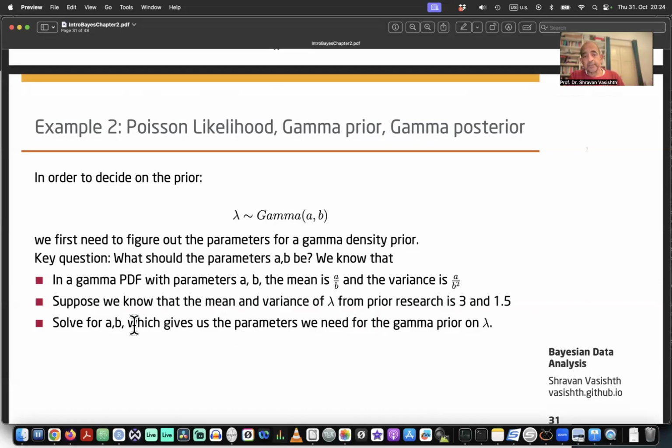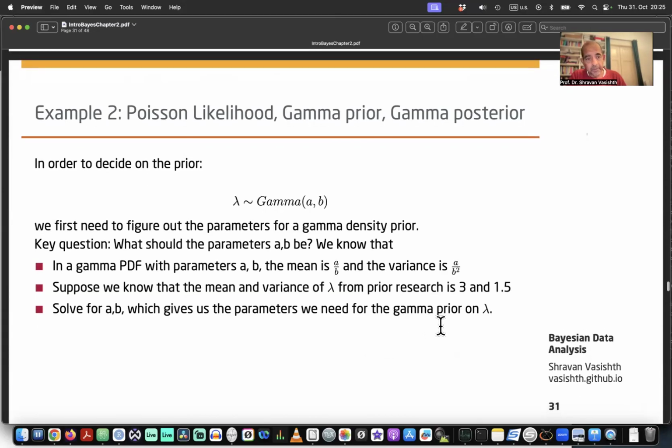One fact about the gamma PDF is that the mean is A divided by B. A and B are the two parameters here, and the variance is A over B squared. So if you know the mean and the variance from previous research, you can equate them to these expressions and then solve for A and B. Two variables, two equations, you can do this, right? No problem. So let's do that.